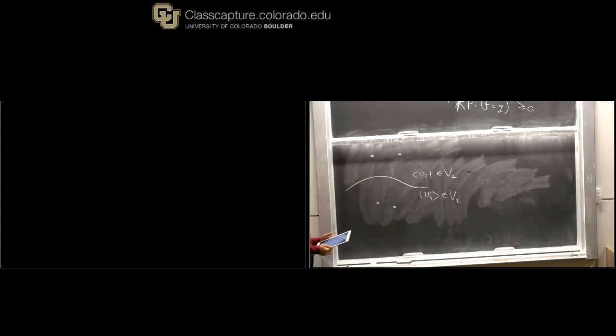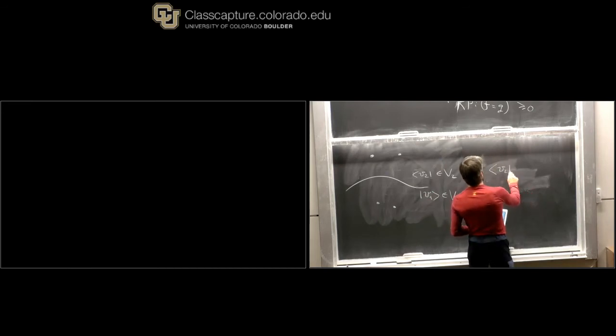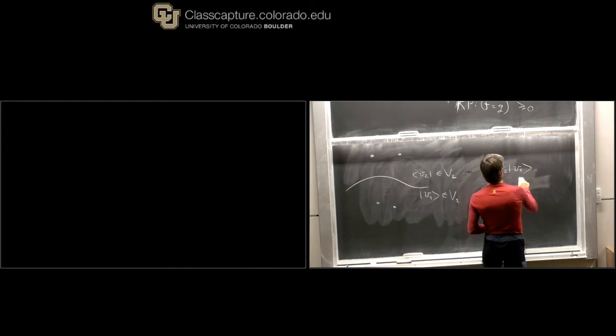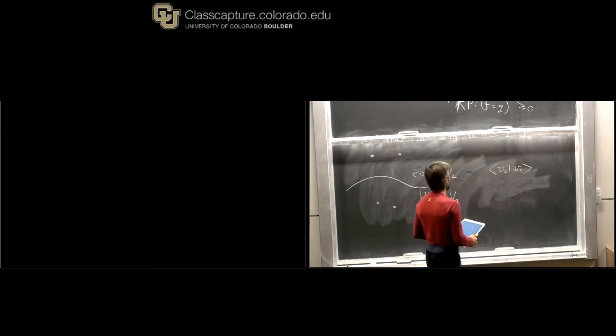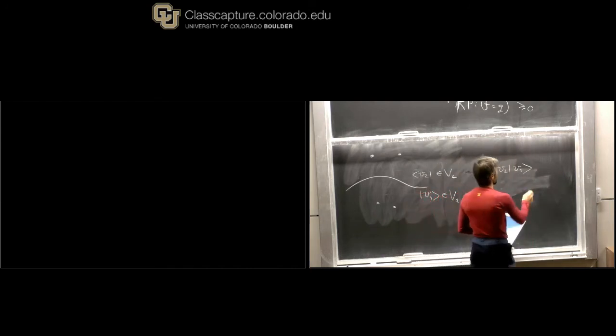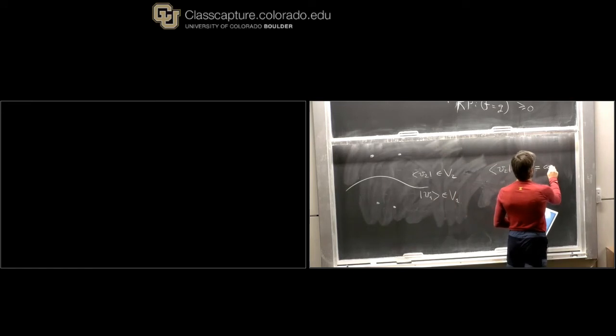So these are going to be two vector spaces of states. Between these two vector spaces I will have a natural pairing. I can define a pairing between them, and the pairing is just going to be given by a correlation function.